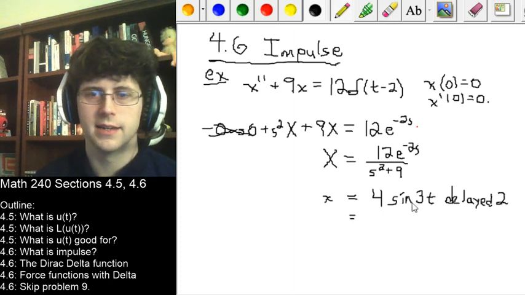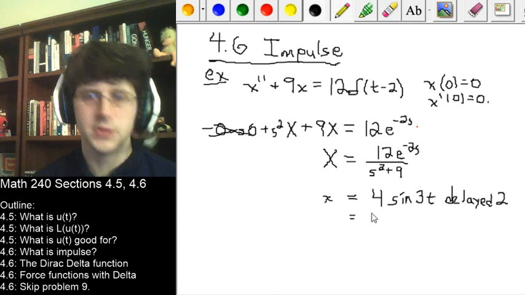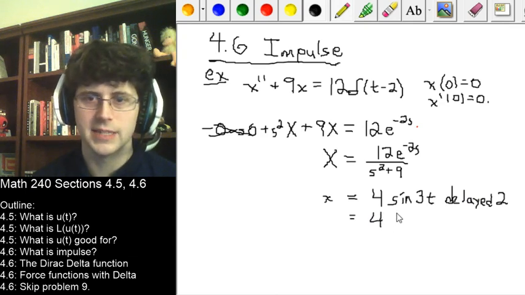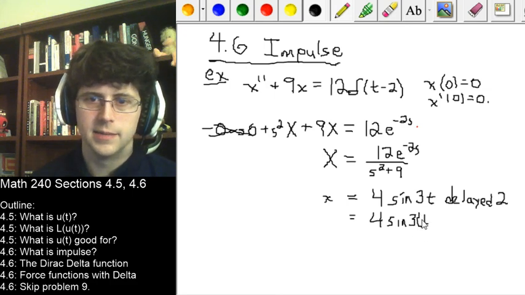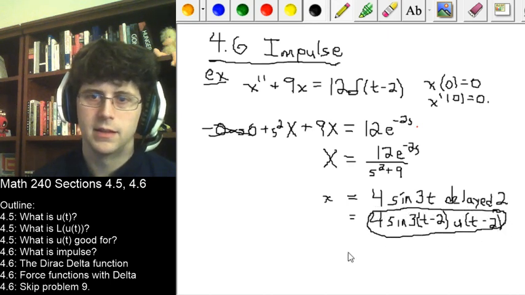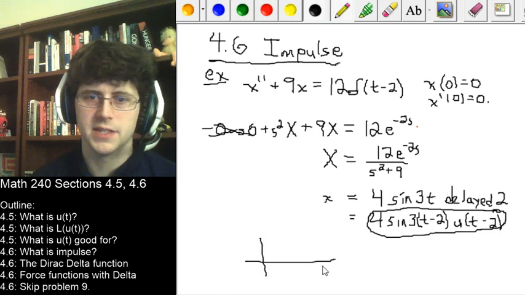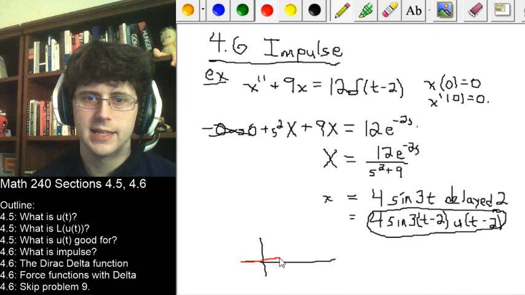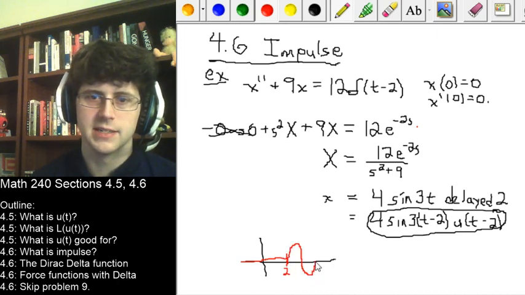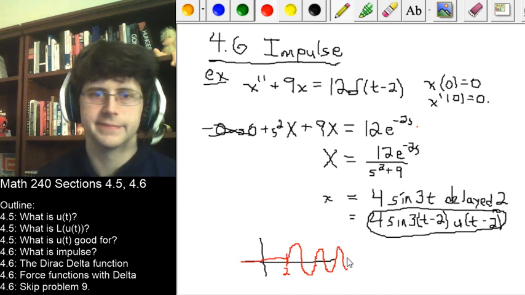So to type it into a computer to graph it, or to give a final answer without English words in it, you take sine of 3t, shift it by 2, and make sure it only turns on at time 2. This gives the function we're expecting: 0 for a while, and then suddenly at time 2 it gets hit with an impulse and starts oscillating. That's that.